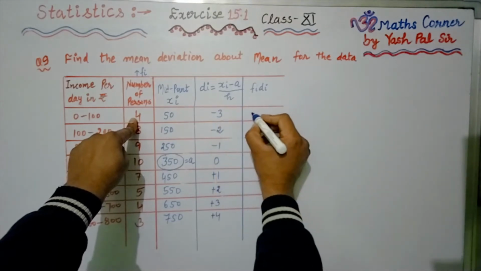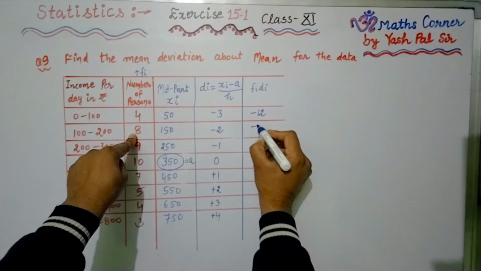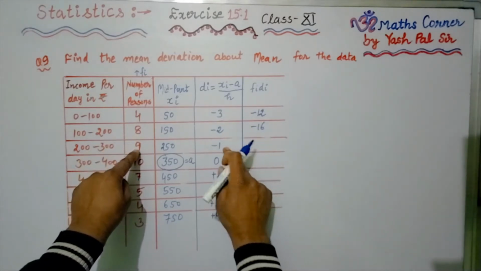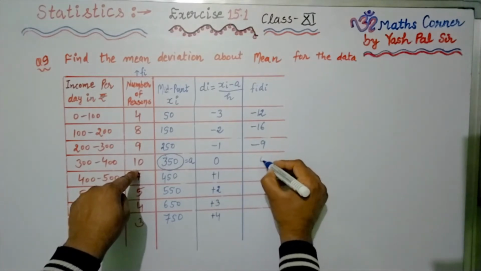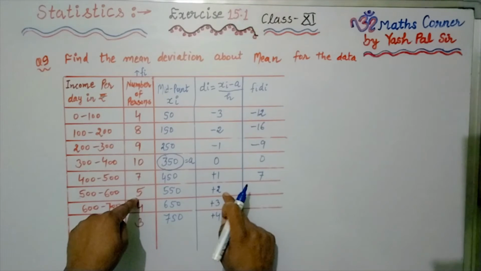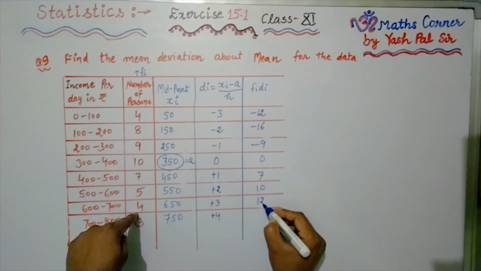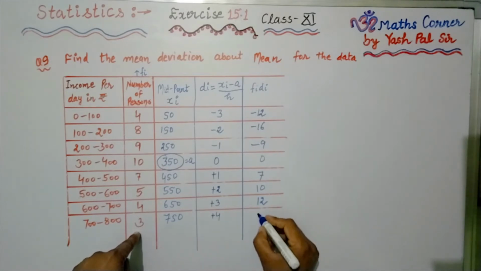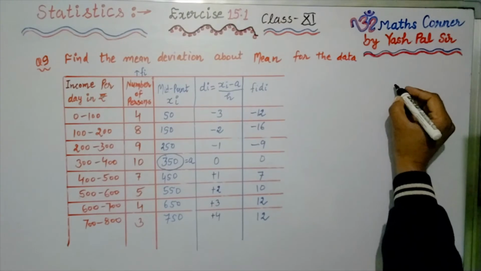Right, so 4 into minus 3, minus 12. 8 into minus 2, 9 into minus 1, 10 into 0, 7 into 1, 5 into 2, 4 into 3, 3 into 4, like this.